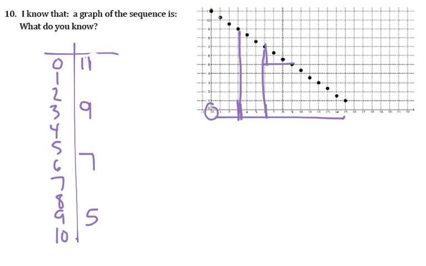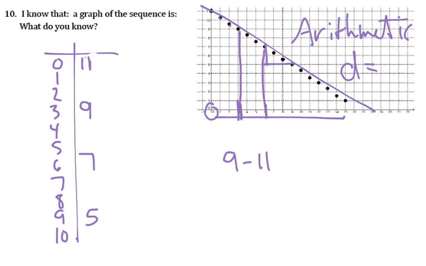So now, can we figure out what these other two pieces are? Yeah, we can do that, arithmetic means, because I can see here it's a straight line, so it's going to be arithmetic, with a constant difference of, that's what we're trying to figure out. So 9 minus 11 gives us negative 2.